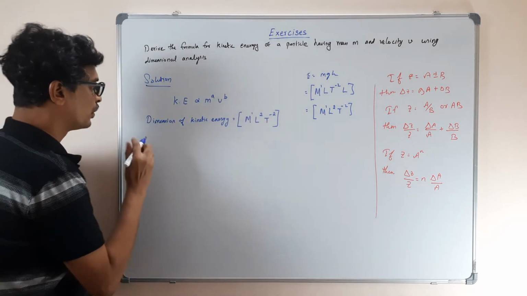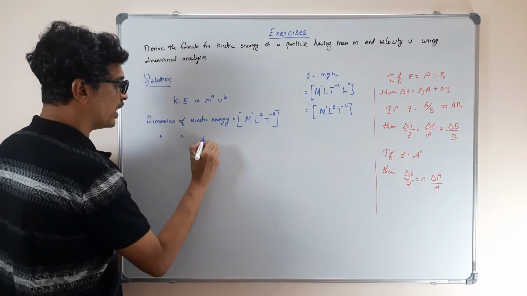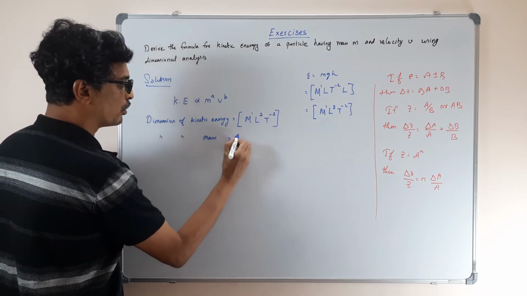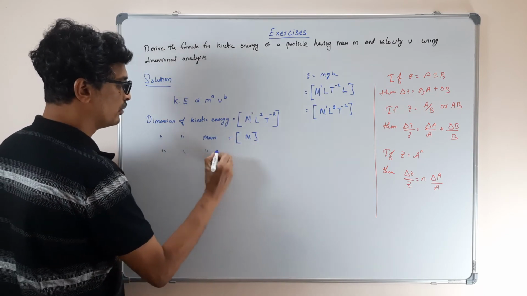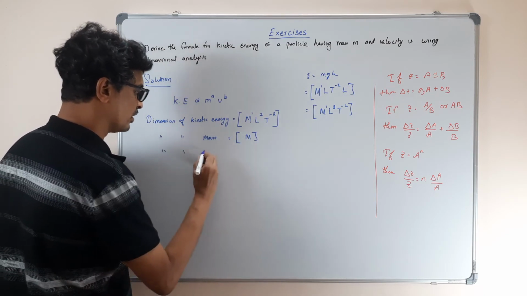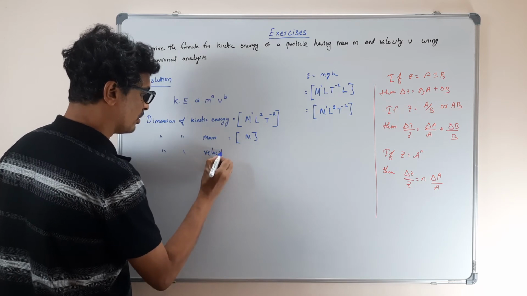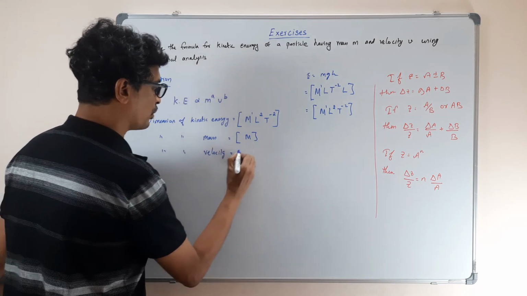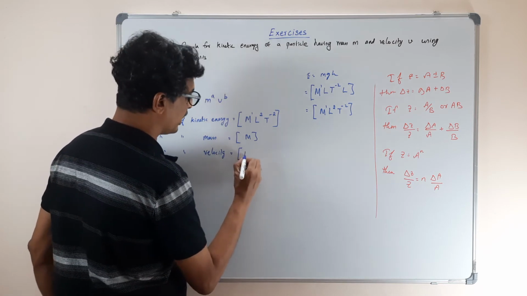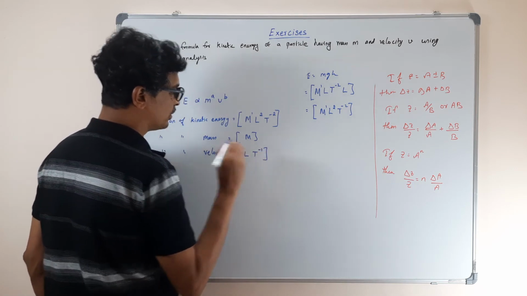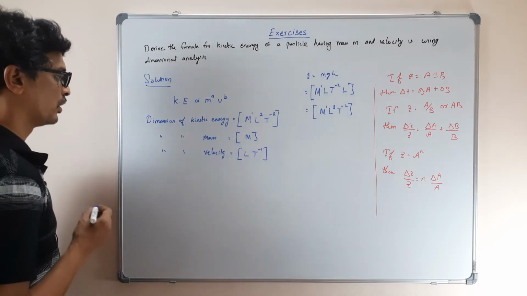Okay. So the dimension of mass will be equal to M. Dimension of velocity equal to what? Tell me. Velocity is meter per second, right? So that will be L T power minus 1, correct? You also do it in a notebook.